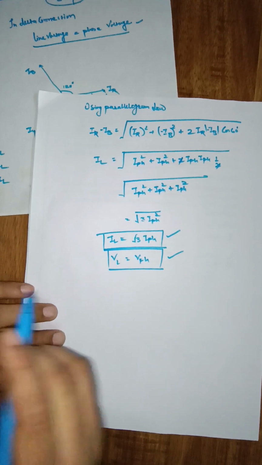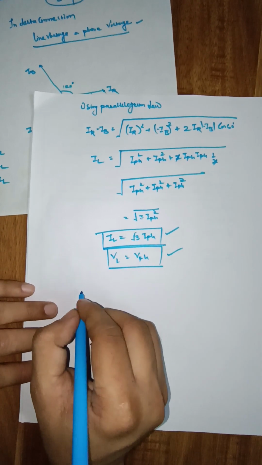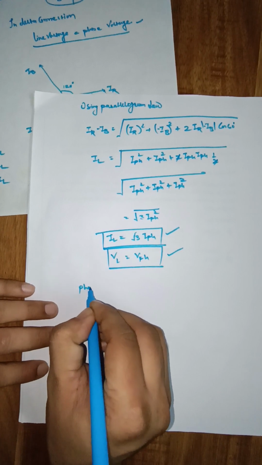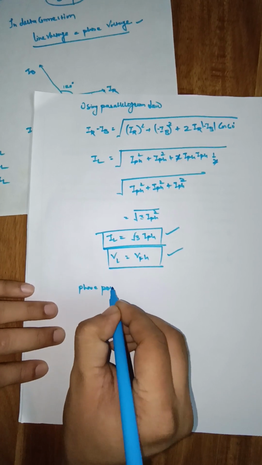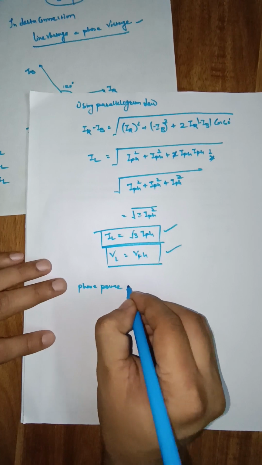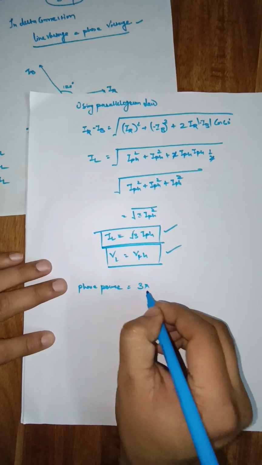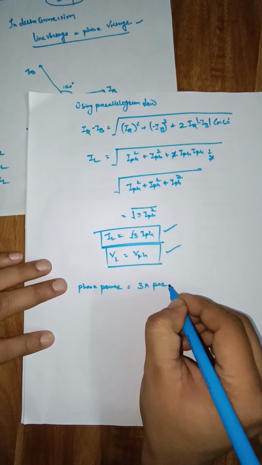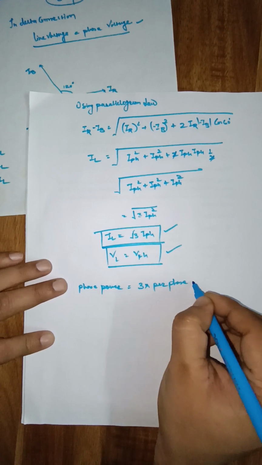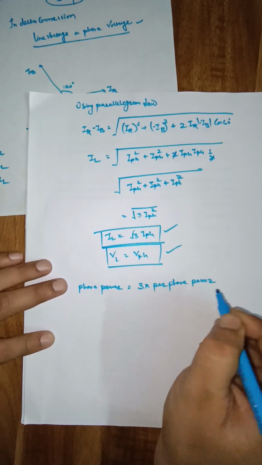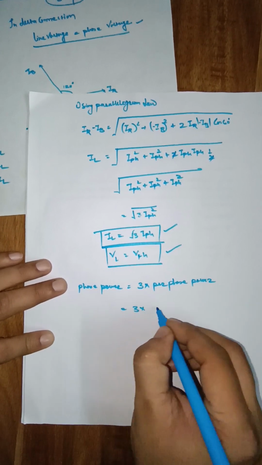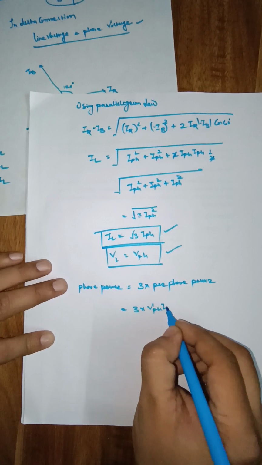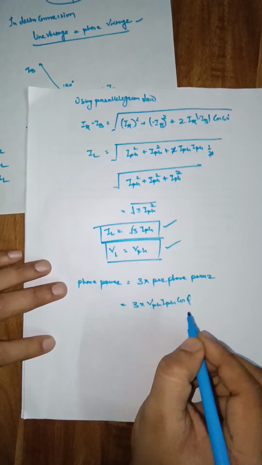Now what will be the power? Same as in star connection. Phase power is equal to 3 times multiplied by per phase power. So it will be equal to 3 into VPH IPH cos phi.